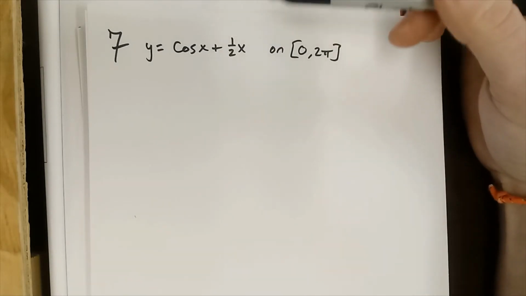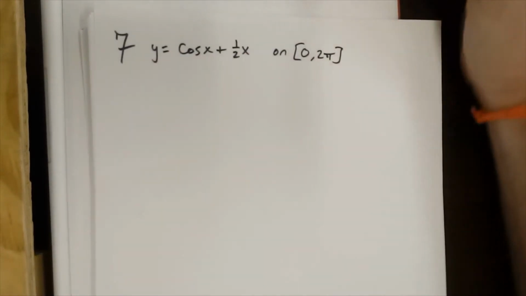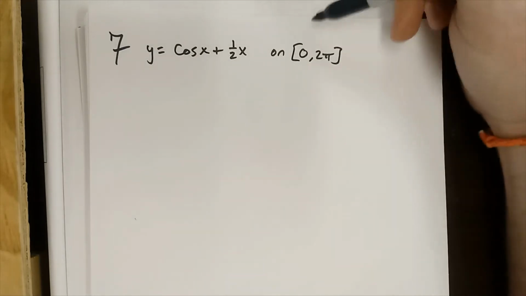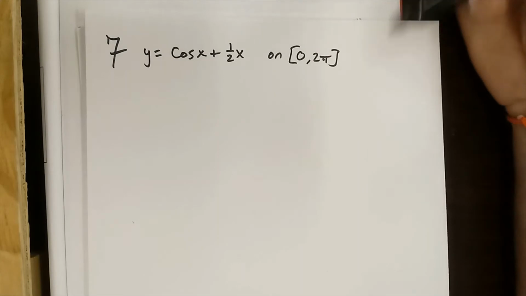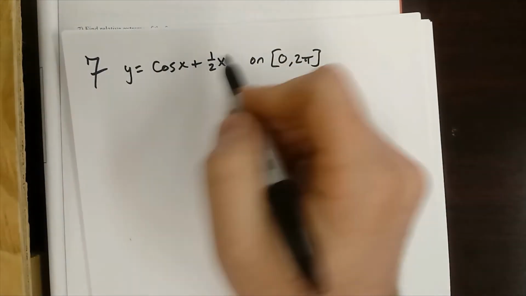If you think about it, cosine goes like this. So if it does that, then it has peaks happening all the time. So if we restrict our domain to just between 0 and 2 pi, then we're just looking for the zeros that happen on the unit circle. So simple enough.